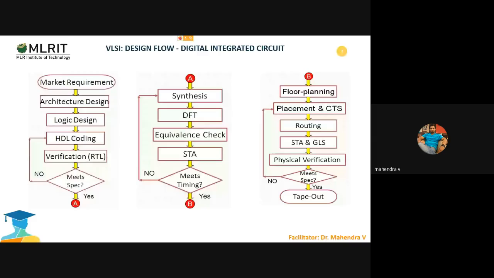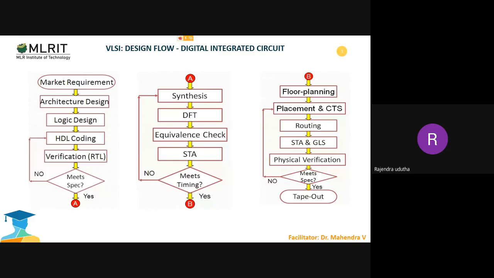At the third level, again, we do the simulation after placing all the logic gates onto the floor plan and then routing after giving the connections. Again, we need to verify whether the functionality is correct or not. That is why we verify STA and GLS, both we will do at that stage. But actually, this will be done by our tool automatically during the FPGA process.